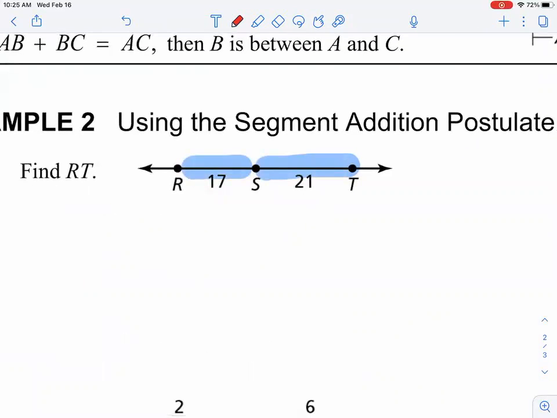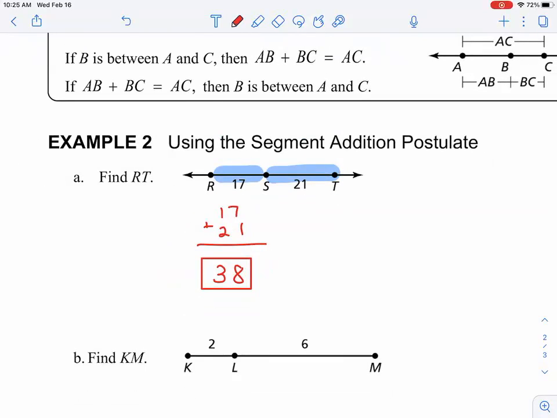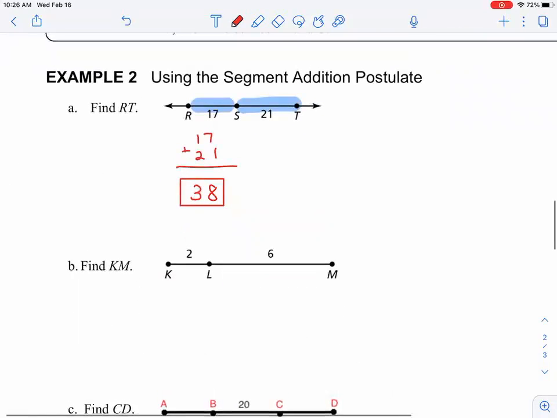So we just add those up: 17 plus 21. RT has a length of 38. Because they make up a straight line, we just add those two together. Same thing for KM. This is 2, this is 6, and so the distance from beginning to end is 8. We're just adding those things together.